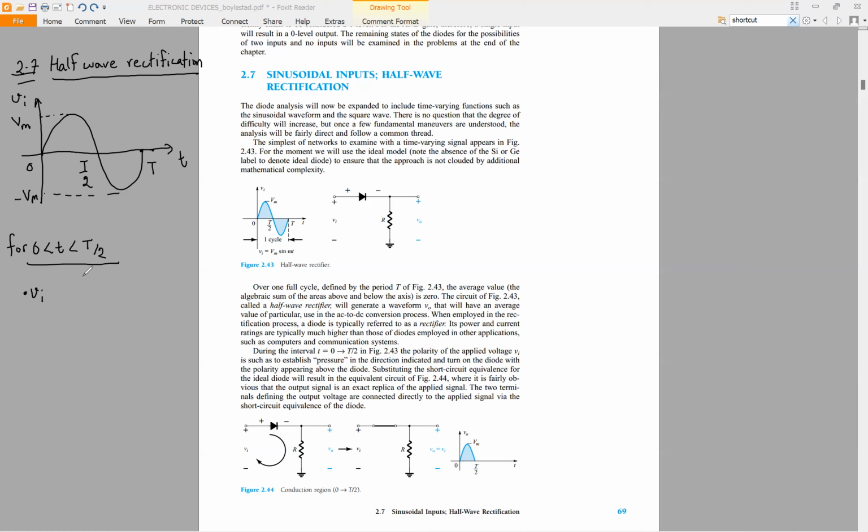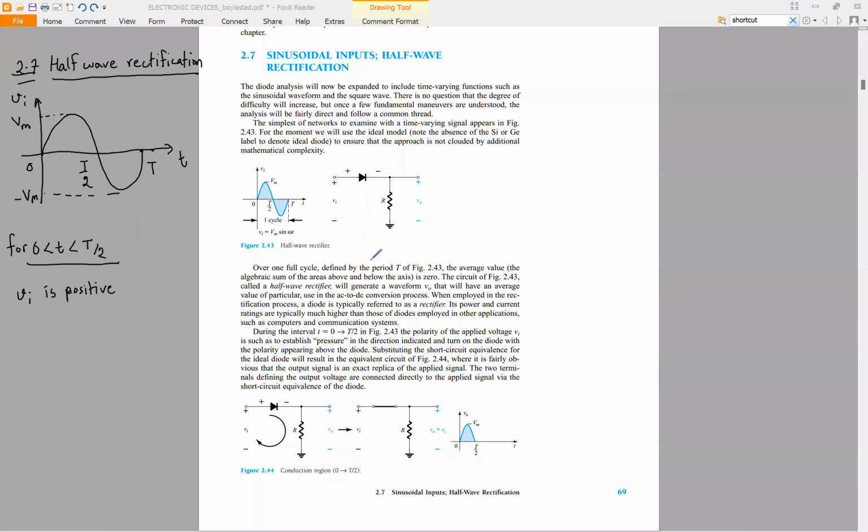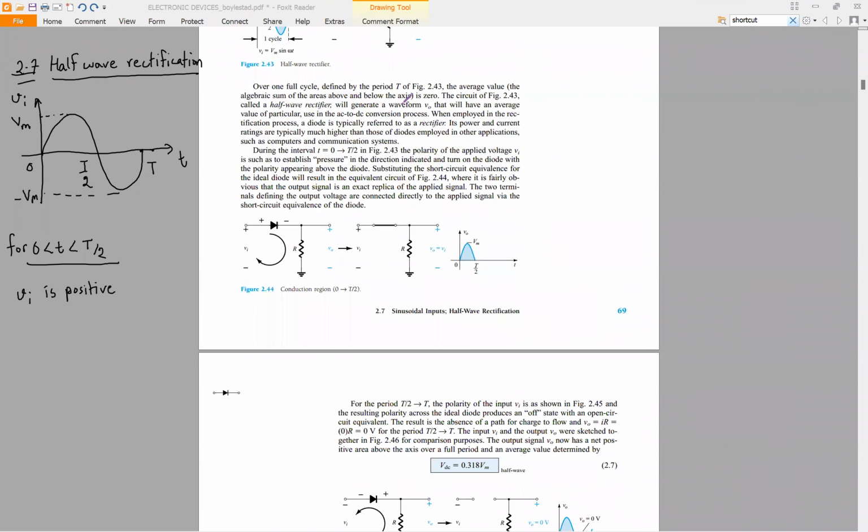Vi is positive. So if Vi is positive, let's look at this circuit. If Vi is positive, the polarity of Vi will be like this.